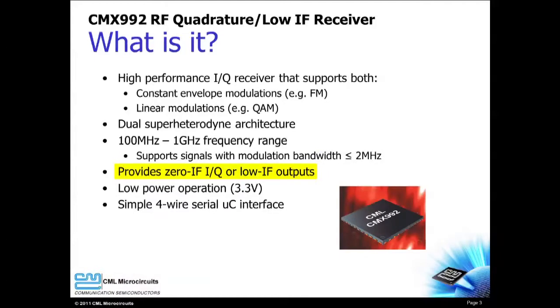The output of the CMX992 can be either 0 IF IQ signals or a low IF output signal. The CMX992 provides low power operation and uses a simple serial microcontroller interface.